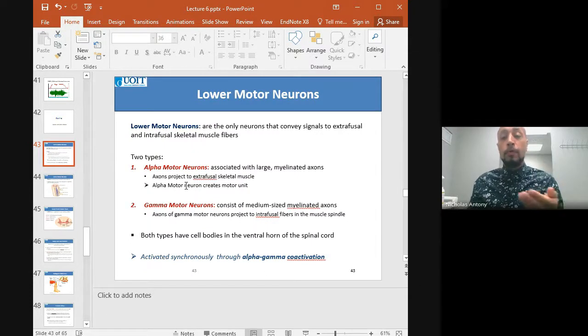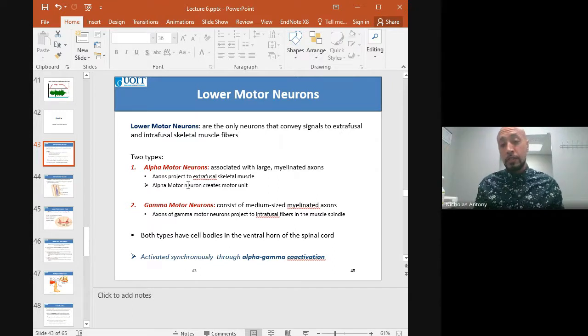So let's talk about the lower motor neurons and the synapses and connections that are involved in movement specifically. We've talked at great length about alpha gamma coactivation. With that, we're talking about interneurons and how they diverge or converge signals.